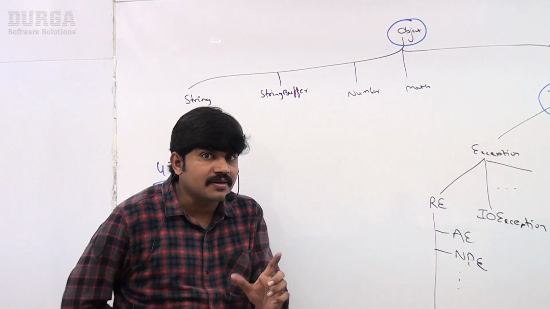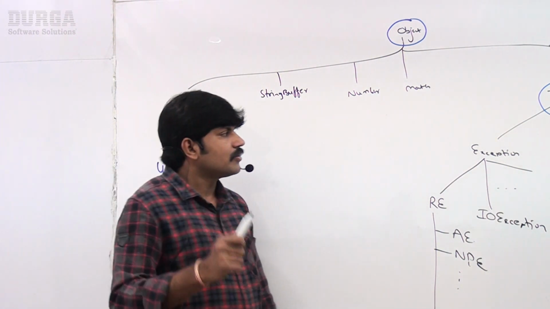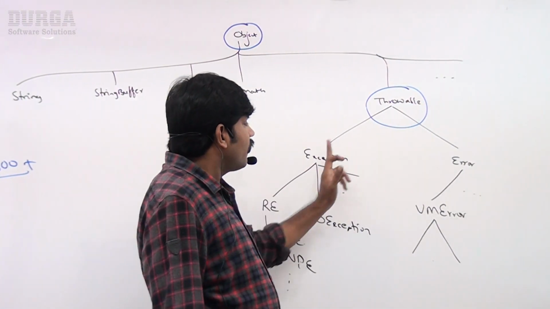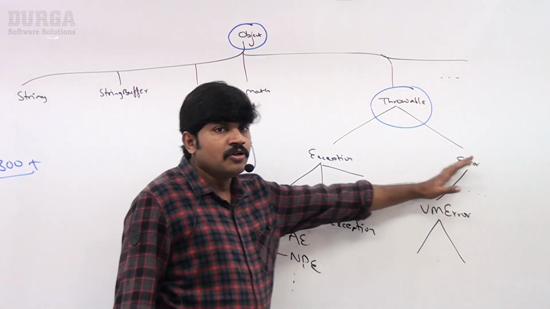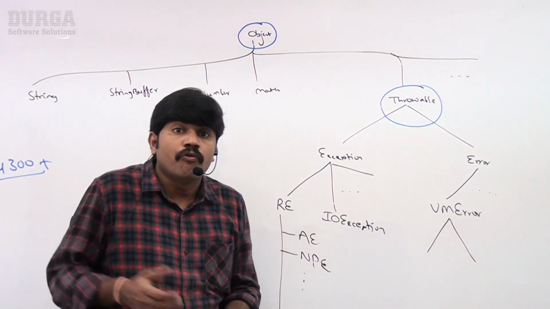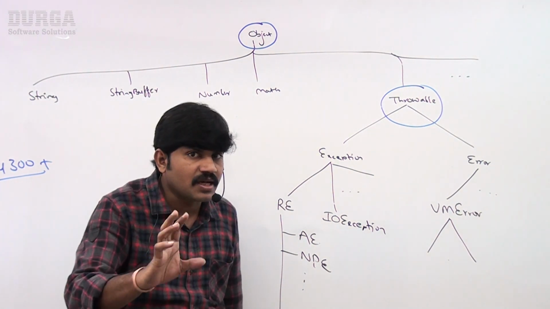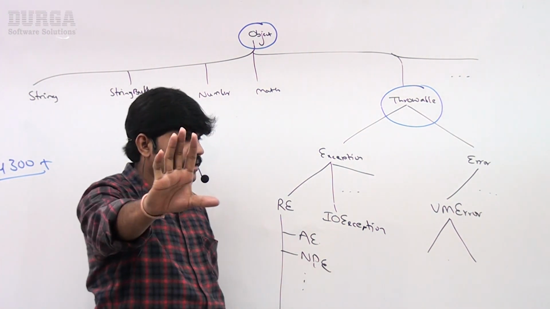Now the same concept in reverse may be asked: why does Throwable act as root for all exceptions and errors? Why does the Object class act as root for all Java classes? Why is it the root? Like that there may be a chance to ask. Now take a bit of special care.